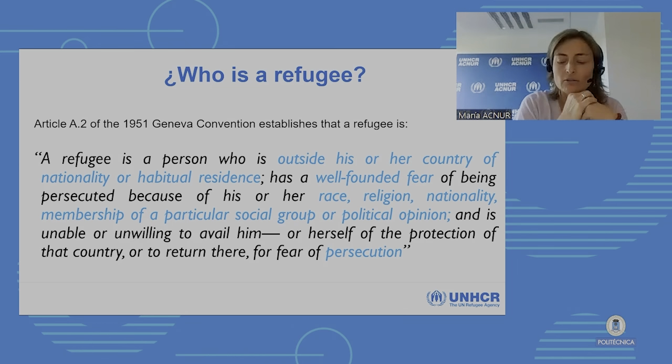But we can also face what we call non-governmental agents of persecution. For instance, if we are in a place where non-official armed groups are acting, where there is a conflict and there are some parts of the country where armed groups are acting, they might be the agent of persecution if your own authorities cannot protect you against that persecution.